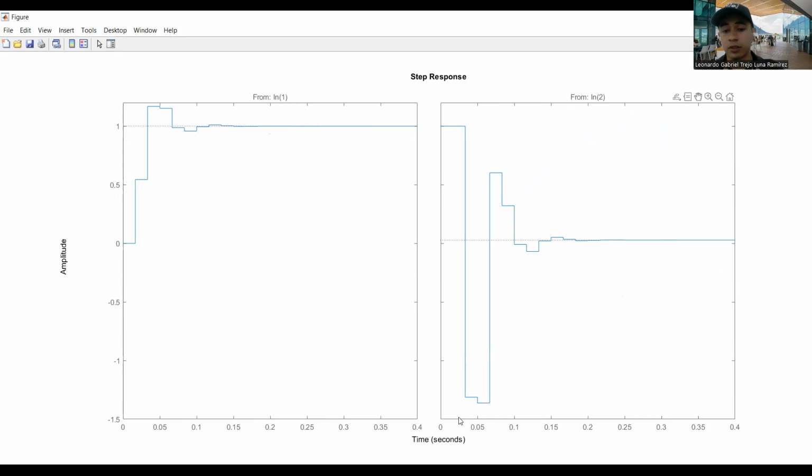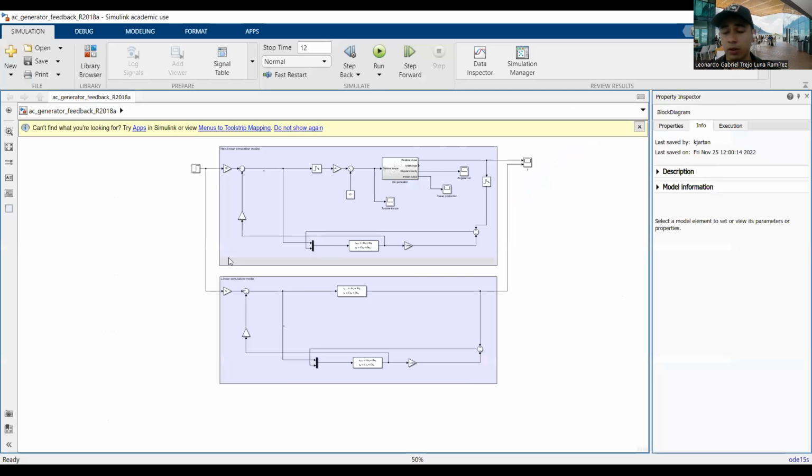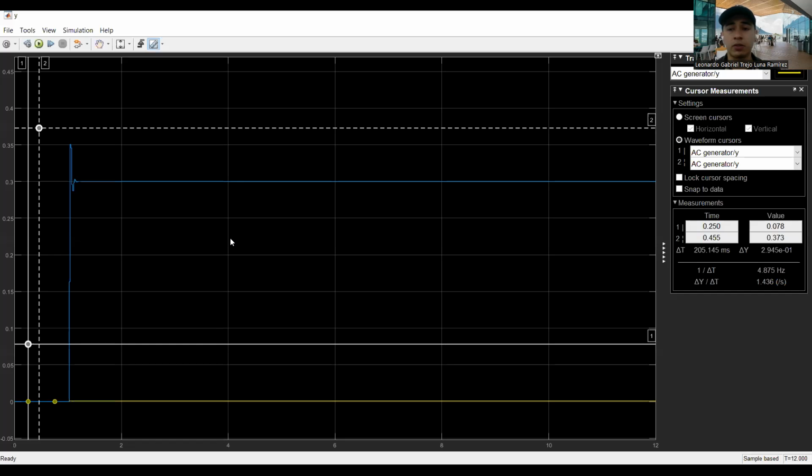But we have to try it first in the Simulink model to see if it is actually working correctly. Here we have the original model, and now our controller with the observer. Once we execute the simulation, we get this graph of the relative phase, and we can see that yes, the controller is very aggressive, but it works.